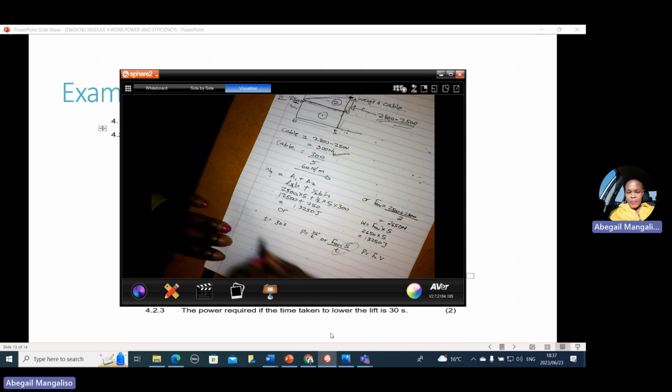So if we're using the work done, power will be equal to work done, 13,250, divided by time. Time must always be in seconds when you calculate power, so that you get joules per second, which is equivalent to a watt. Joule per second is equivalent to a watt, so power must be in those units.